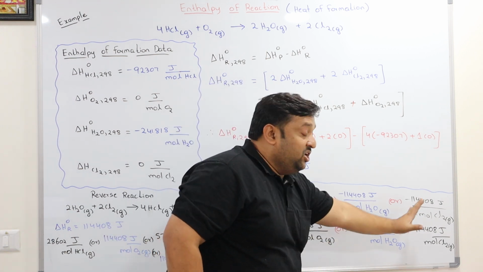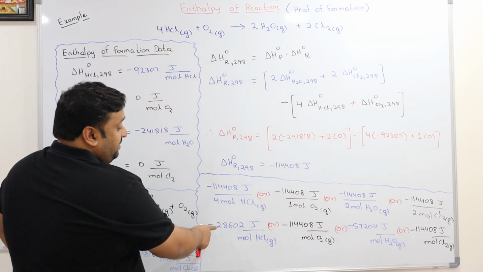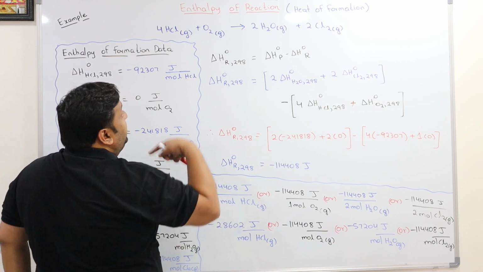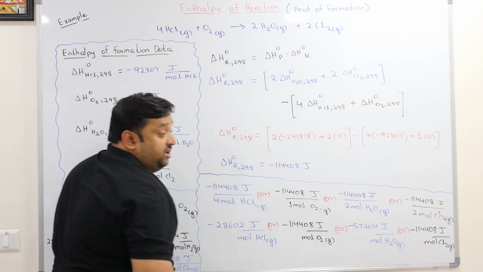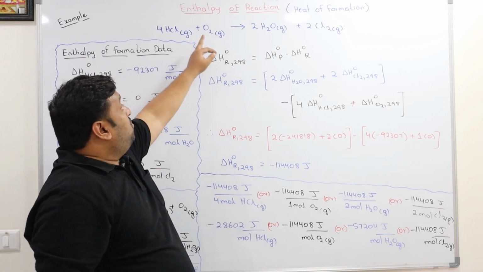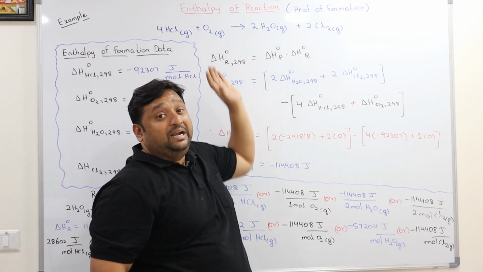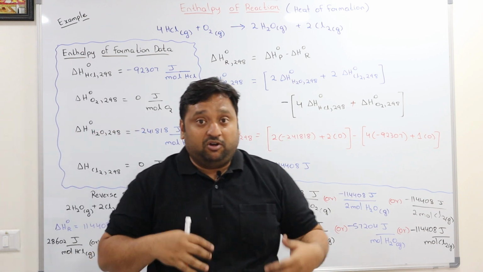So in terms of HCl, it is minus 28602, and in terms of water, it is minus 57204. This is how we have to interpret the data when the stoichiometric moles are not equal to 1.